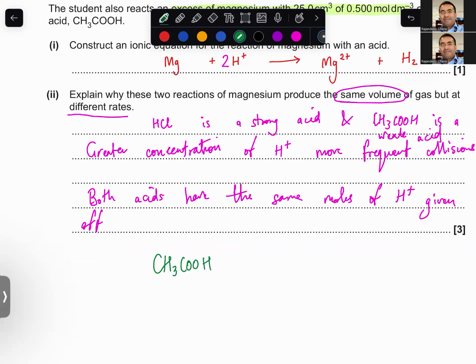This is just an extra to explain: as the weak acid's H plus ions get used up, the concentration goes down, and the equilibrium starts shifting more and more to the right-hand side until all of the ethanoic acid is used up. It ends up giving the same amount in moles of the H plus ions, and that in turn will give you the same volume of the gas that is produced. So these are your 3 marks.